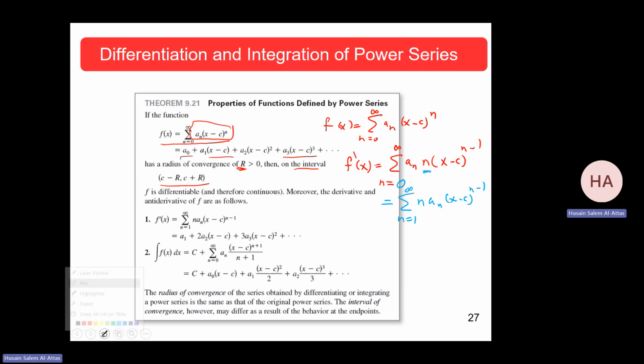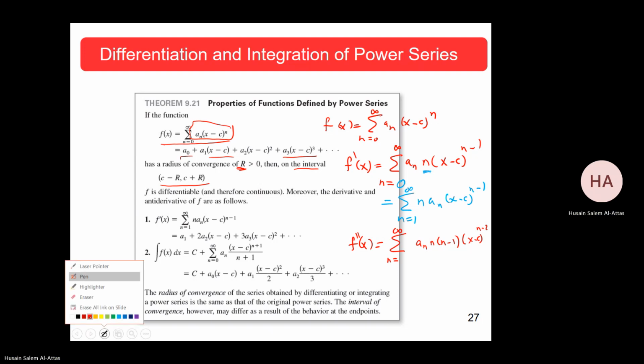And the same thing if we think about f double prime. F double prime will be the summation of n times (n minus 1) a_n (x minus c) to the power n minus 2. Now, where does n start? If I put 0, it will be the same.